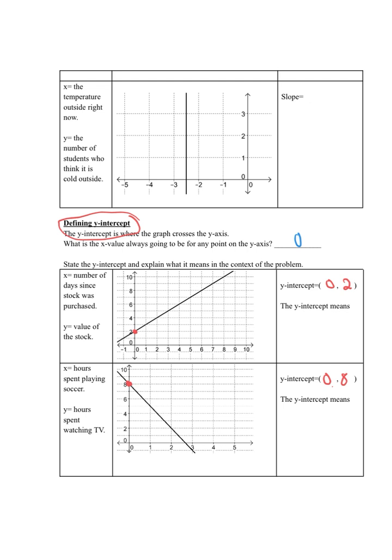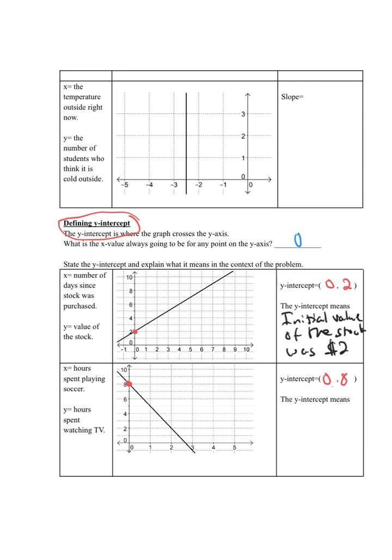So let's interpret these. If we're saying that x, which is day 0, the value was $2, well, that would be the initial value of the stock. So not 1 day later, not 2 days later, not 3 days later, but the initial value. So the initial value of the stock was $2.